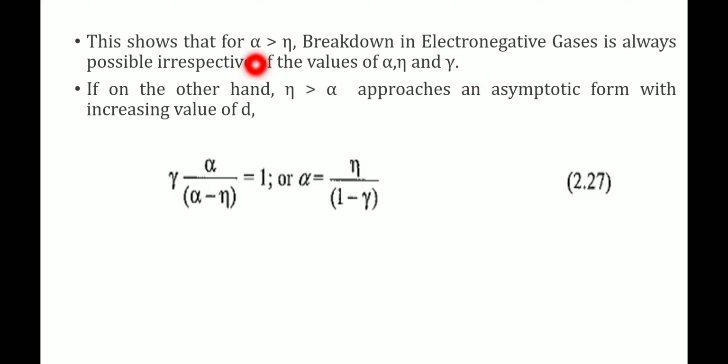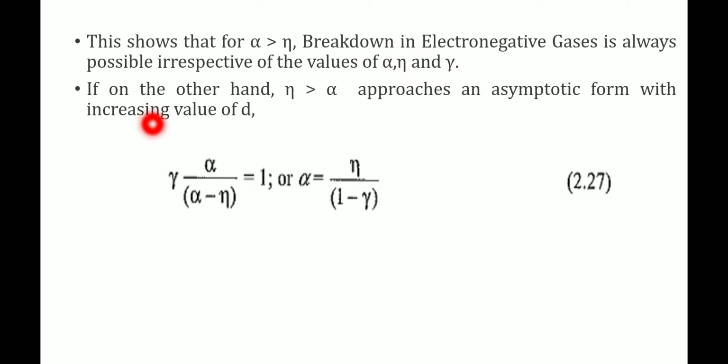Getting my point? Whenever Townsend's primary ionization coefficient is greater than the attachment coefficient, the breakdown process will take place in the electronegative gases, irrespective of the values of these three coefficients.